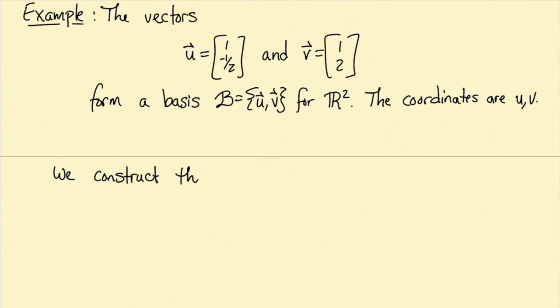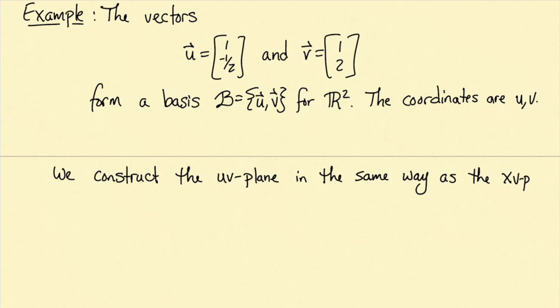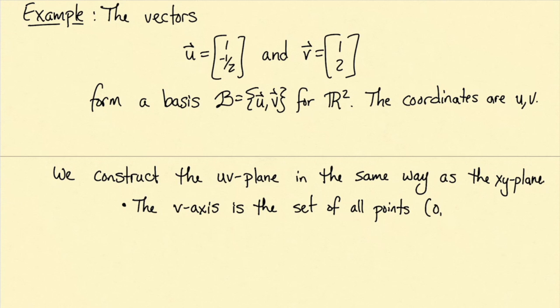So when we have this coordinate system, we can construct the UV plane exactly as we would construct the XY plane. The vertical axis of our plane, which we're going to call the V-axis, is the set of all points whose first coordinate is 0.